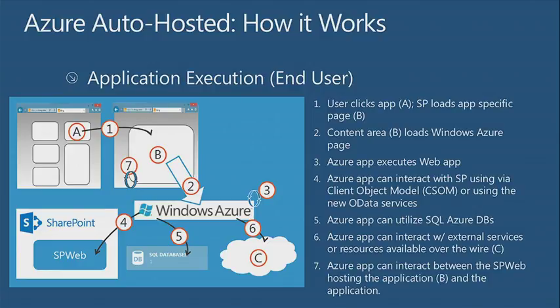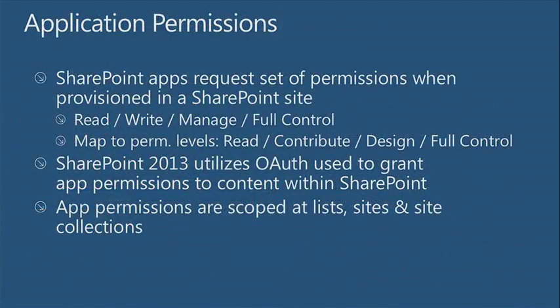Azure then kicks off any CSOM or REST calls that we may have included in the code and returns the data from SharePoint. Because this is sitting on Azure, we can also make use of any other external services across the wire. We can format the data using jQuery or Knockout.js or any JavaScript framework you're used to using. And there you go, Alan.